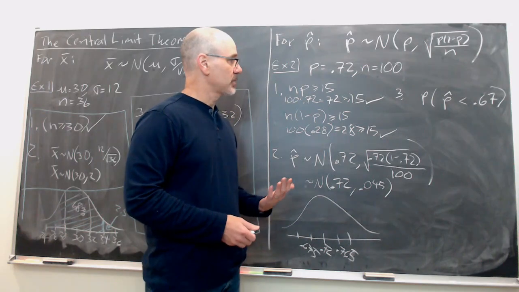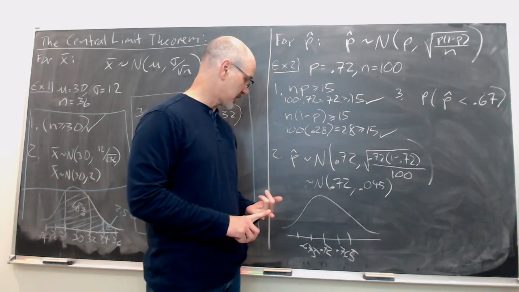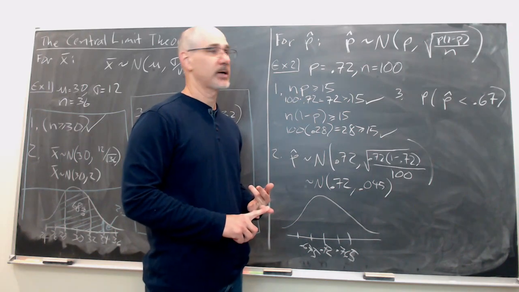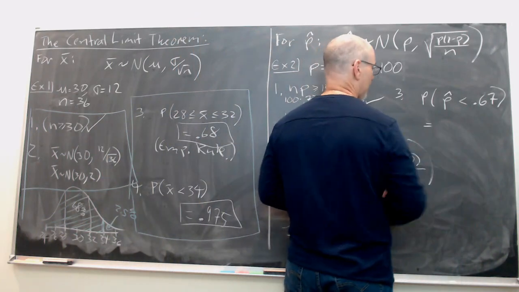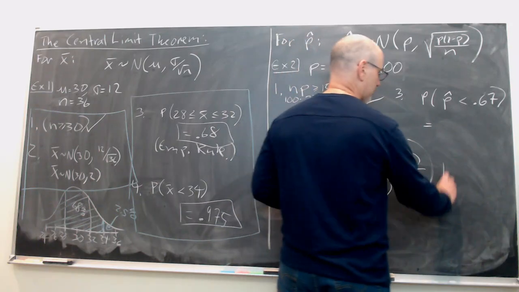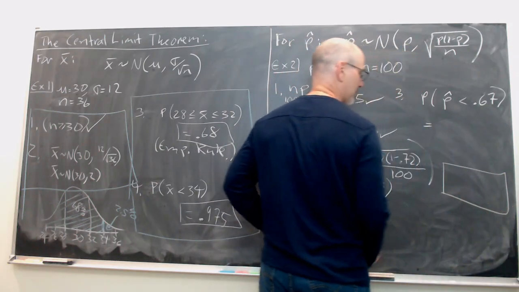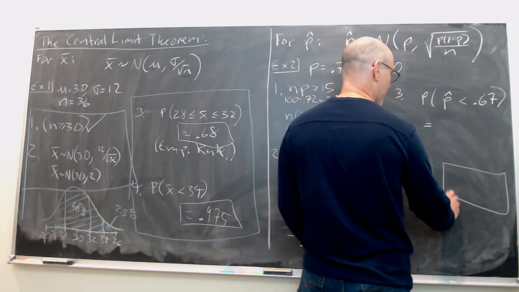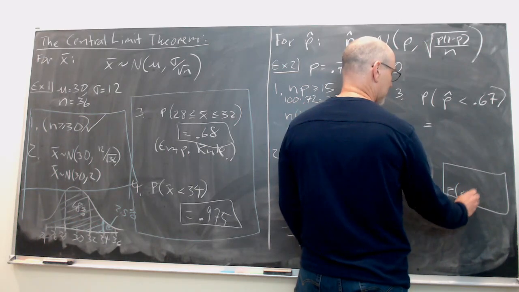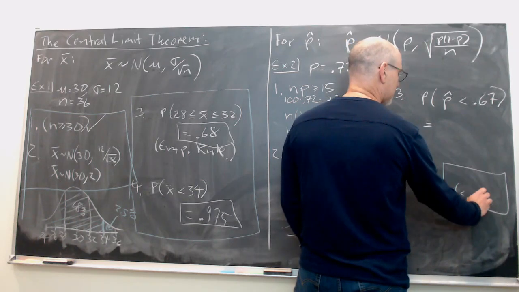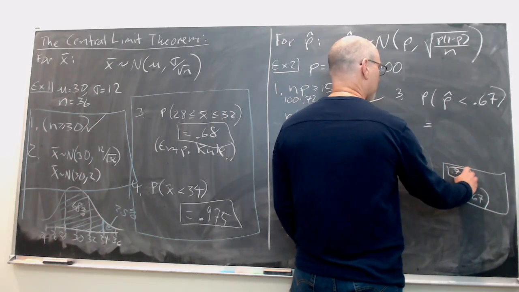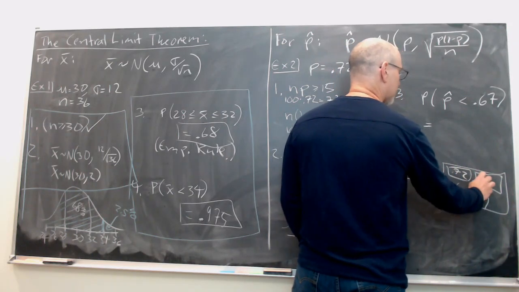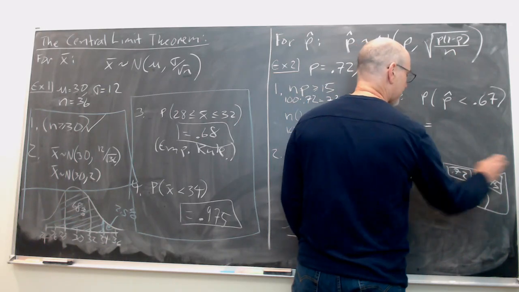That allows me to use either the empirical rule or, in this case, StatCrunch to do the actual calculation, and that's something we've done before. So here I would get out StatCrunch. I would have my little window where I want probability less than or equal to 0.67, mean 0.72, standard deviation 0.045.